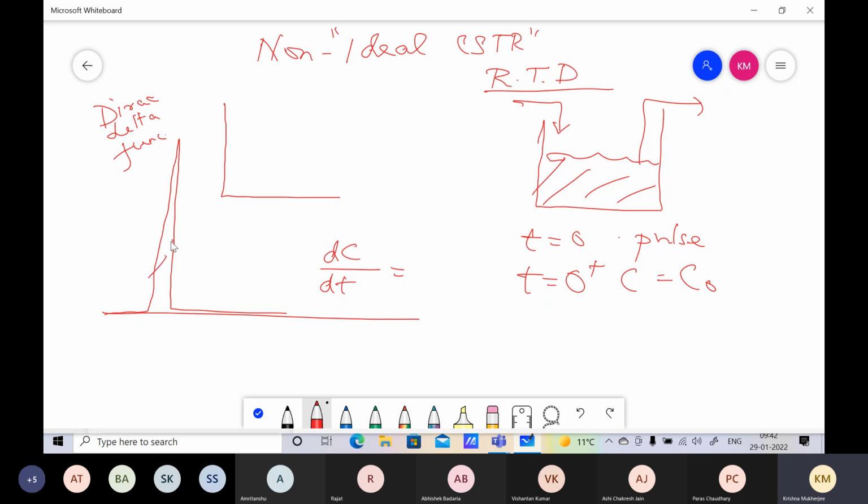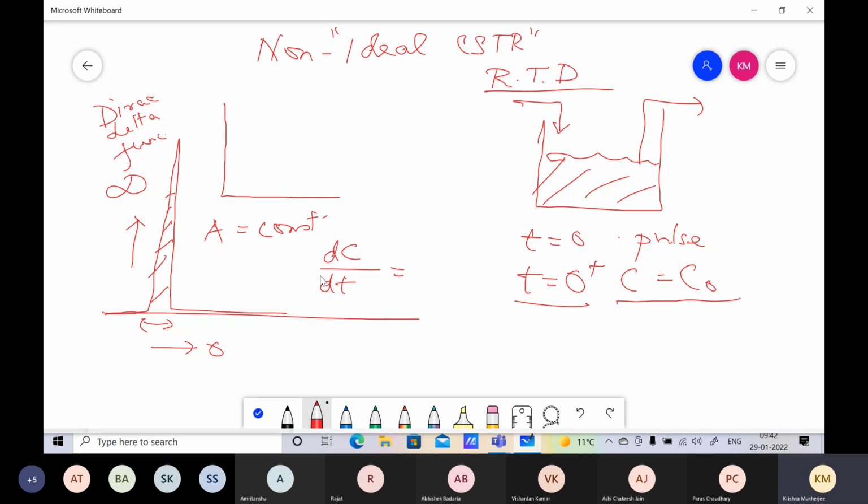The Dirac delta function makes the width tend to 0 while the height tends to infinity, but the area remains a constant. The area is the amount of pulse that you have added, so at t equal to 0 plus, c is equal to c naught.